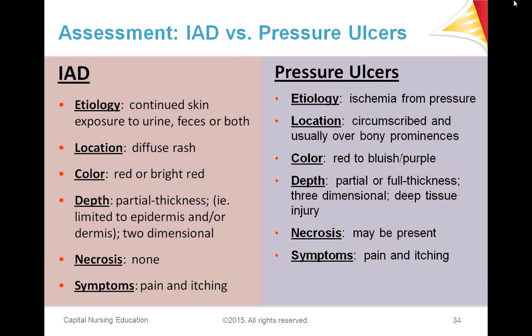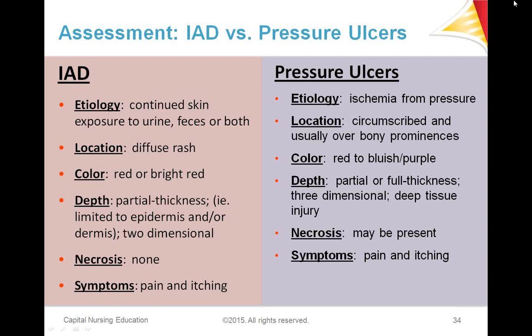So let's take a few minutes to really look at incontinence-associated dermatitis versus pressure ulcers. We talked about the importance of etiology, that incontinence dermatitis is not necessarily over a bony prominence. Pressure ulcers are caused by ischemia to the area and usually occur over a bony prominence.